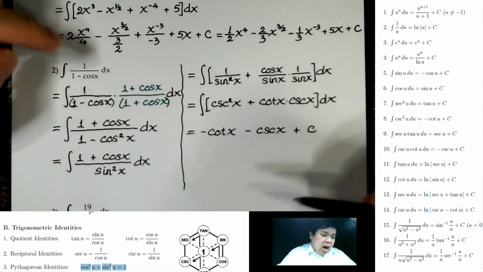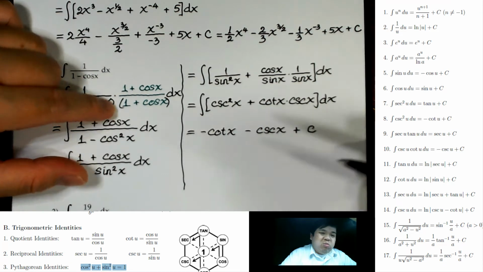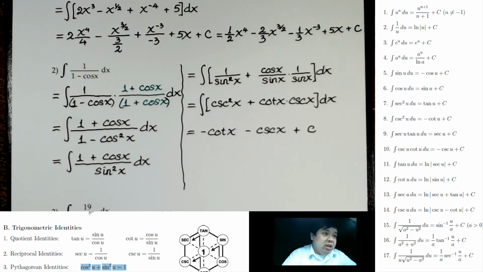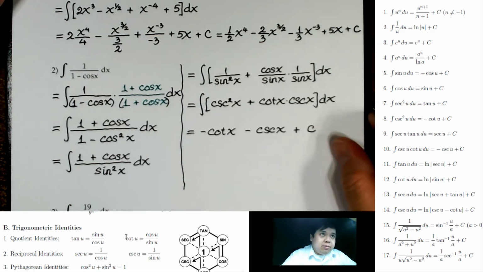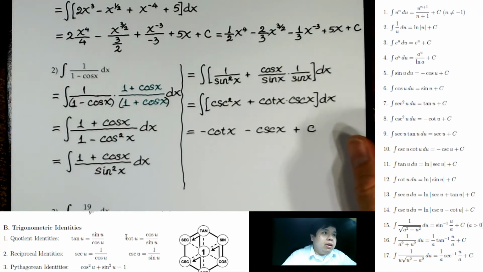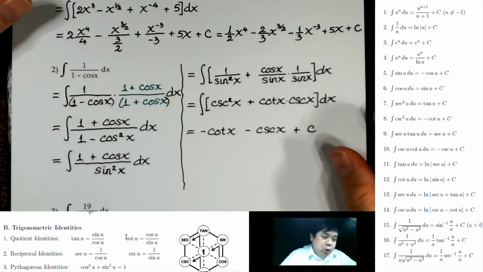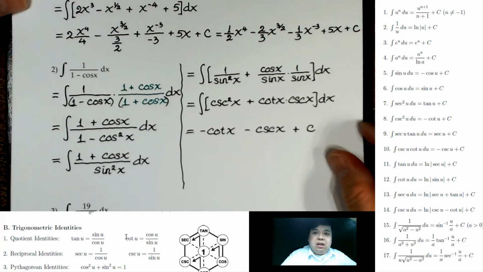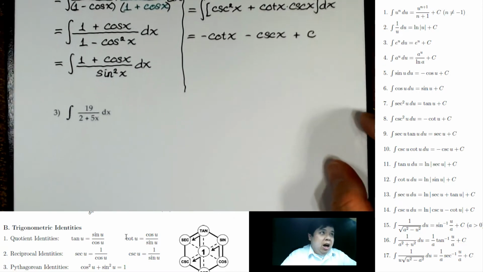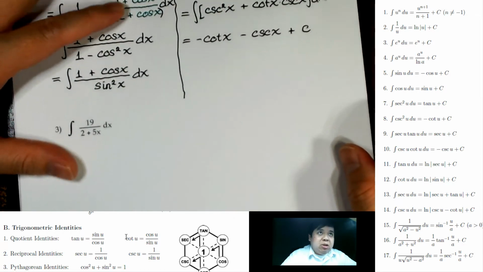Like I said, without this trick, this will be a little bit difficult because it is not a substitution problem. So we haven't used any substitution yet. The next one we'll use the substitution.